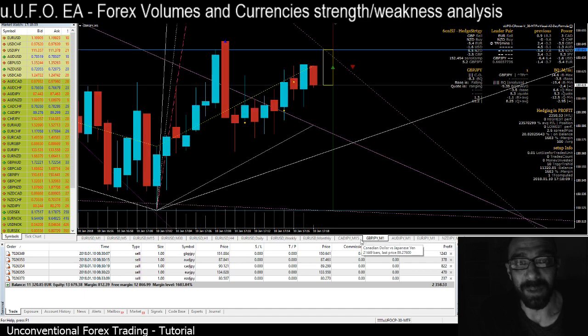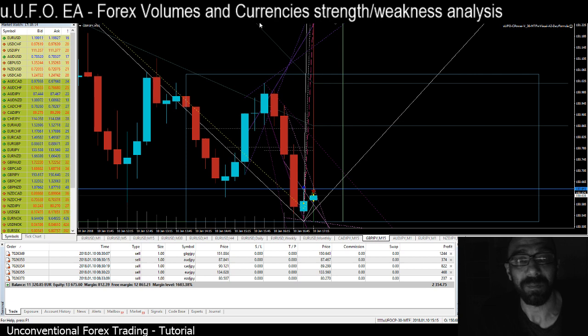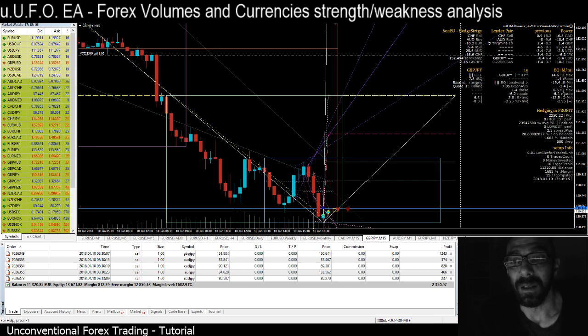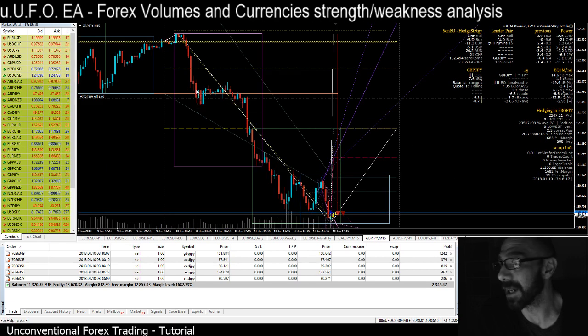As well, GBP, let's take it at 15 minutes, and we may see that the same behavior occurred here, even if the GBP yen started to fall already at the beginning of the Asian session and then proceeded further.